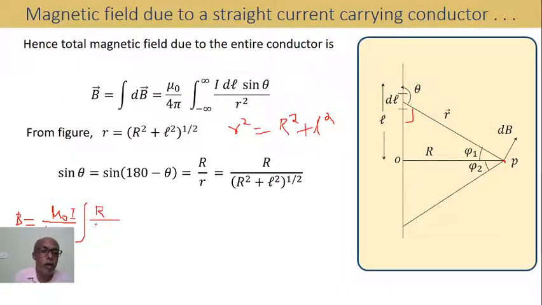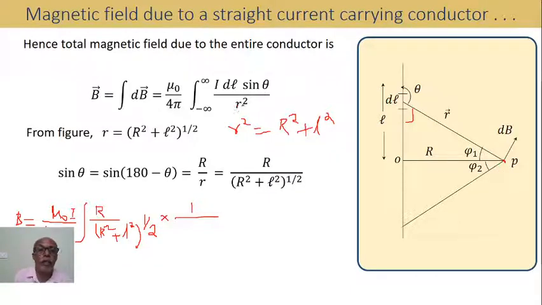Divided by (r square plus L square) power 1 by 2, into 1 by r square.